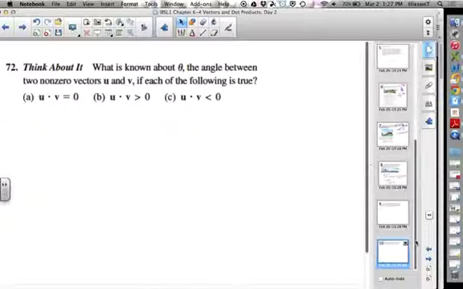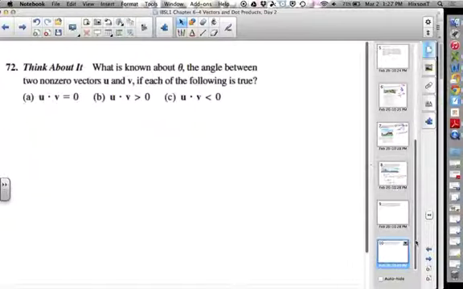It's 90 degrees, which means the two vectors are orthogonal. Good. If the dot product is greater than 0, does that mean they're less than 90? It's an acute angle, because that's going to make our cosine positive, which takes us to the first quadrant.